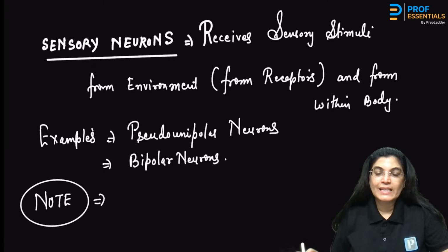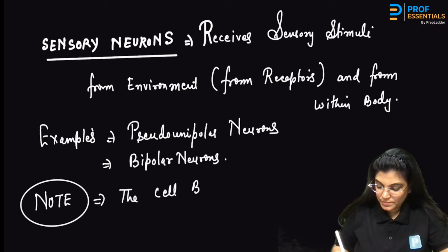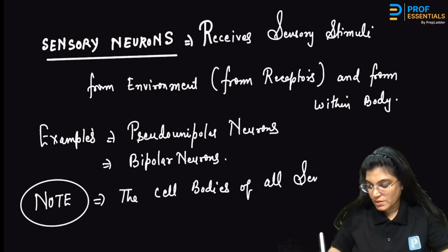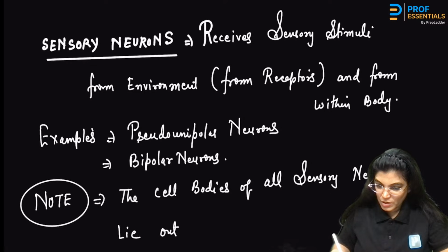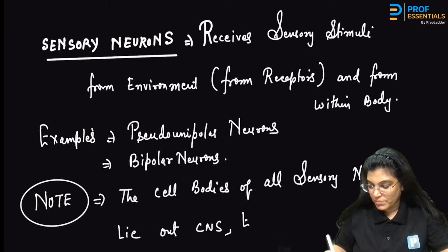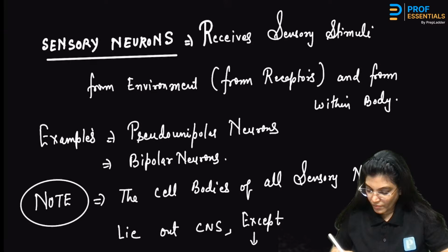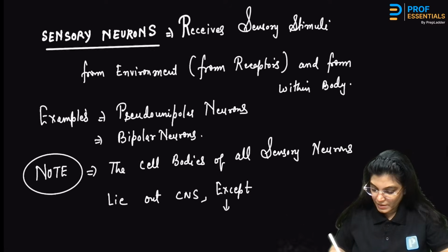The cell bodies of all sensory neurons lie outside the central nervous system, except the mesencephalic nucleus of trigeminal nerve.